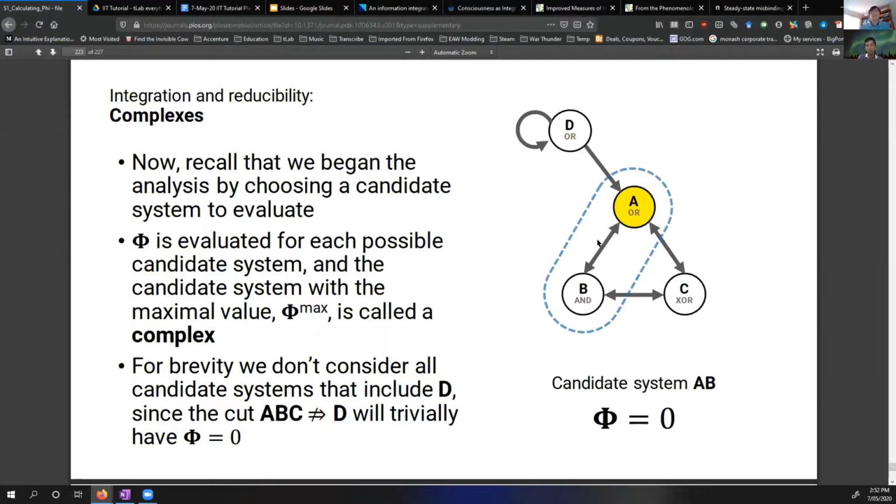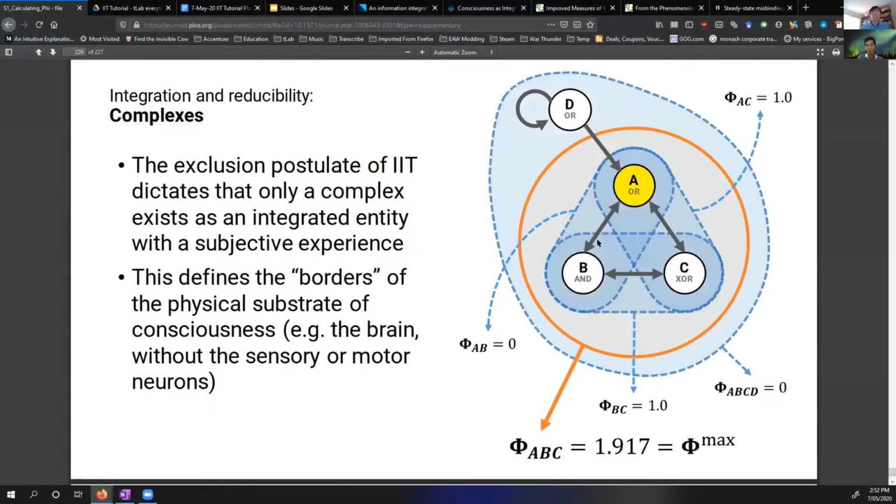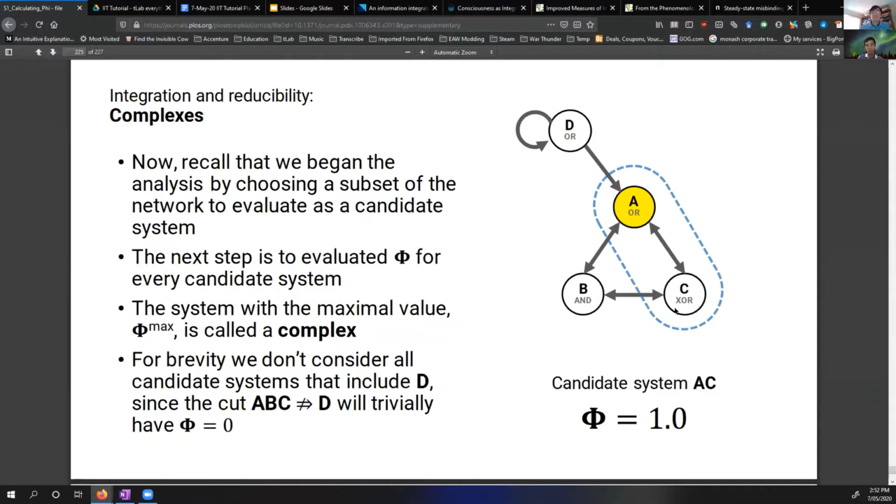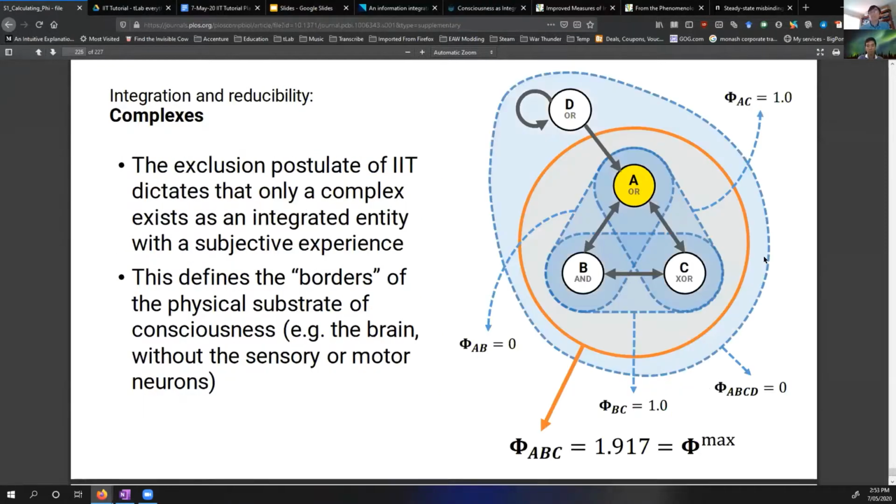Before we did it for ABC, so now we look at AB, BC, AC. At this point, AC would be your candidate system, and you make the cause-effect structure for this system, impose a system-level disconnection, and then compare the cause-effect structures between the intact system and the disconnected system for this AC, and you do it for every possible candidate subset.